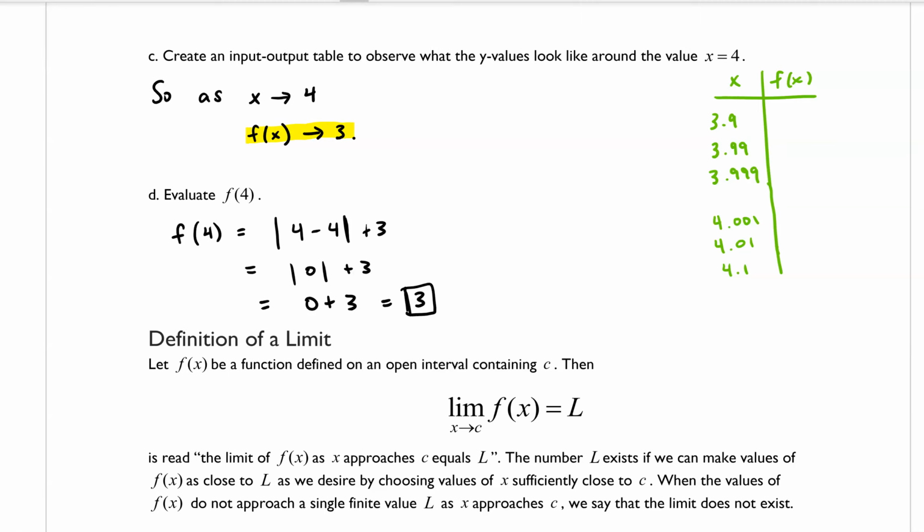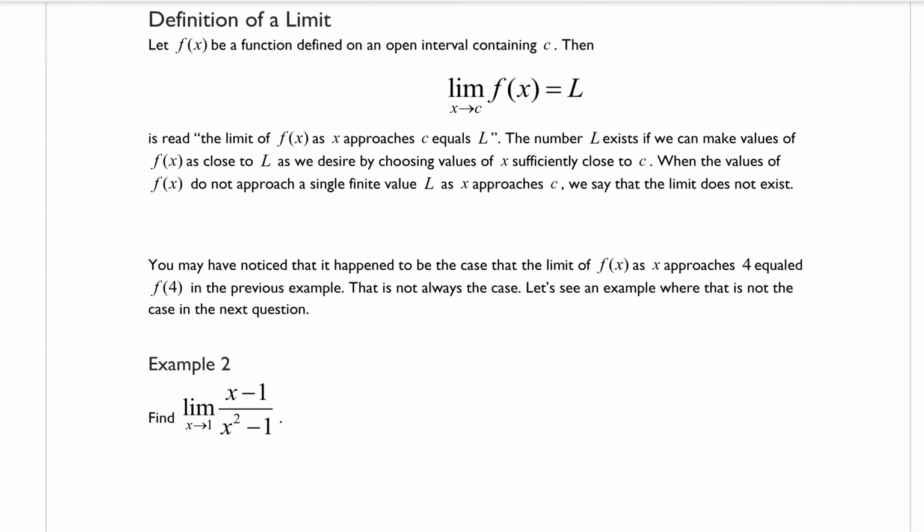So now that we've gone over this example, let's talk about the formal definition of a limit. So let f of x be a function defined on an open interval containing some real number c.